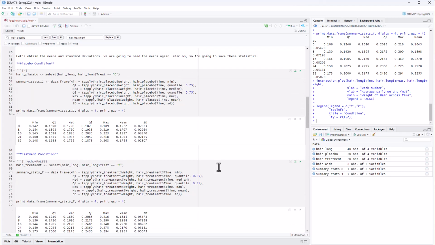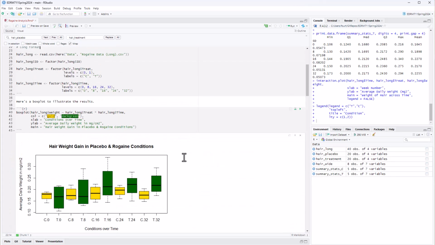Okay, so if we look back at the actual analysis code that I used, there's nothing new to learn over what you could have gained in past videos in this box plot code, because all I'm doing is treating it as 2 factors. Notice here how I'm crossing the 2 factors. I have my response variable weight as a function of treatment by time.